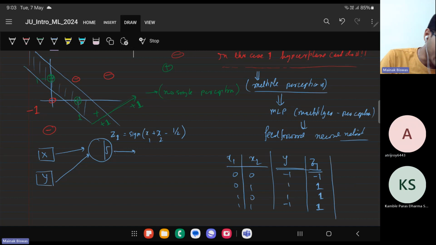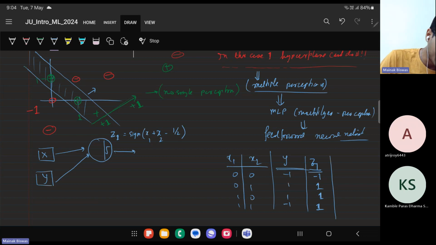Yes. I want another hyperplane now. That will say this side is negative and the other side is positive.